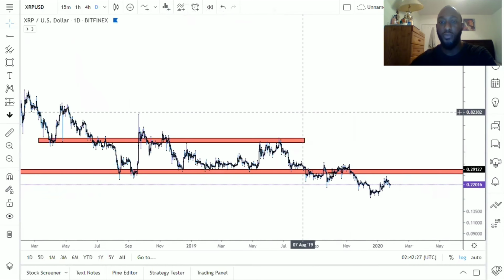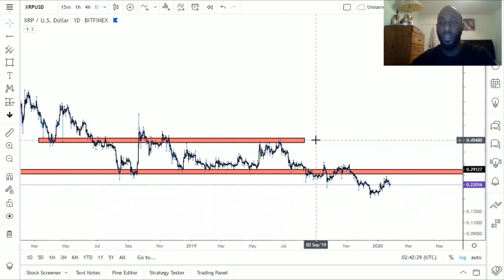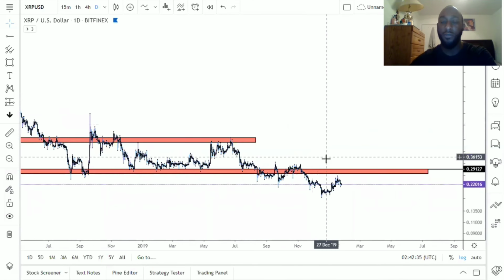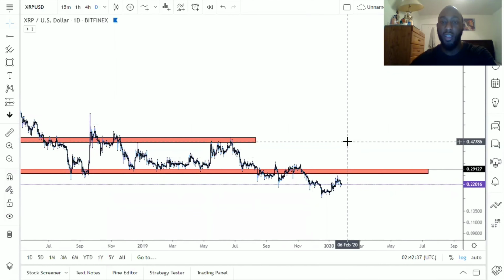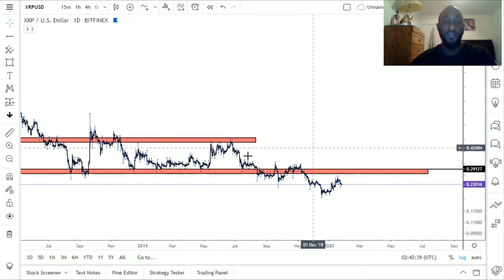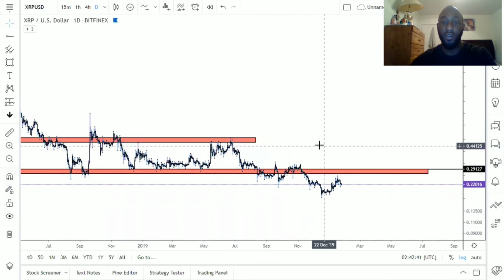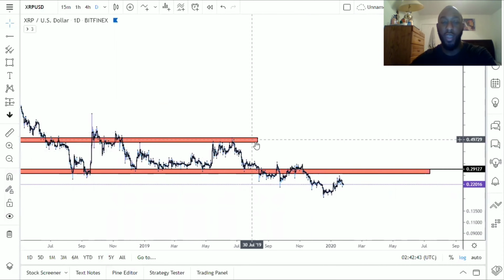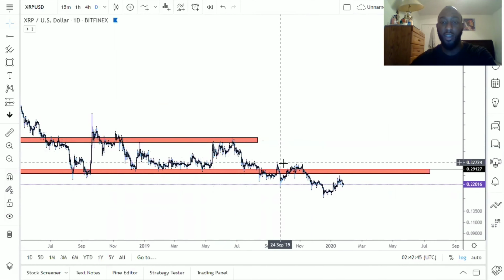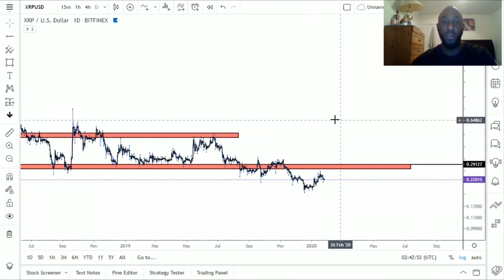So we know if price does get back to this 49 cents to 50 level, that is going to act as a resistance. And if it breaks that, then it'll be a support. So we know that in this area we have support. We have resistance right in here. And we are sitting right underneath resistance currently for this market.